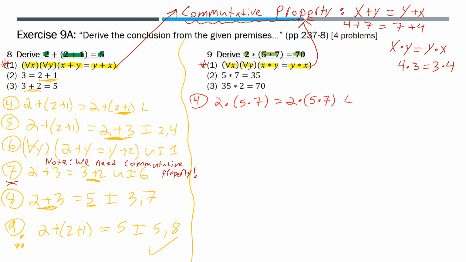It's a logical truth. According to premise 2, 5 times 7 is identical to 35. So for line 5, we can get 2 times the quantity 5 times 7 is equal to 2 times 35 by the rule of identity with lines 2 and 4.